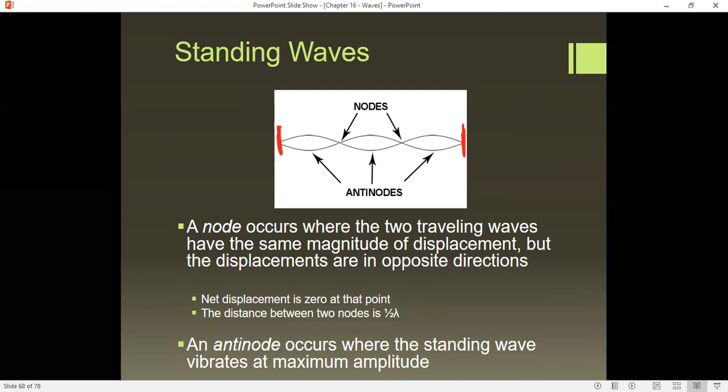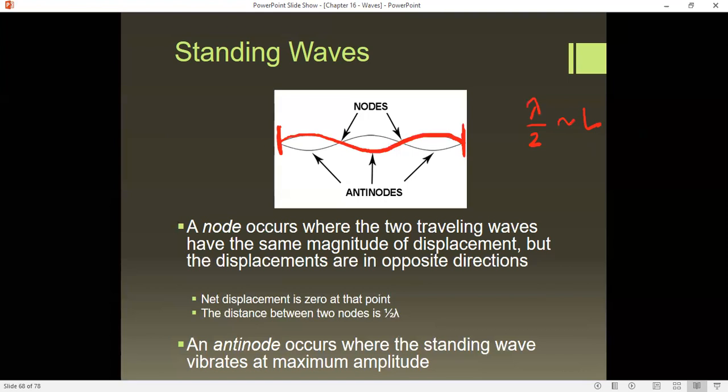If the wave fits such that there's some half wavelength relationship with the length of the string, you will get a standing wave.